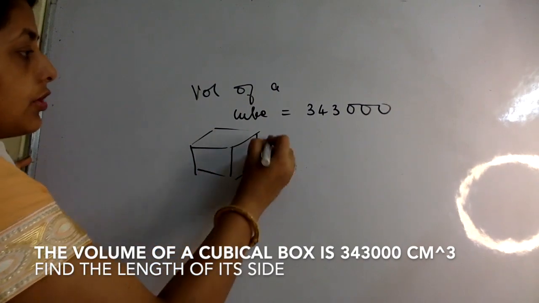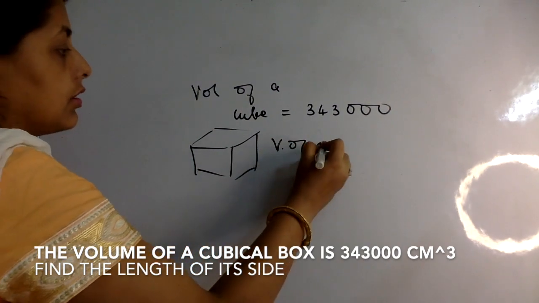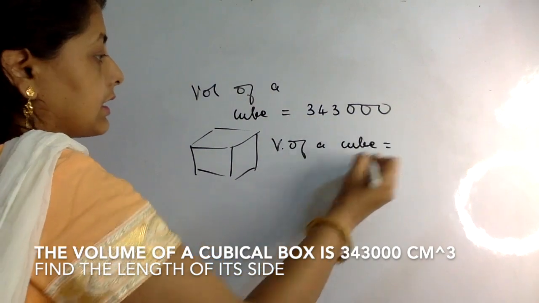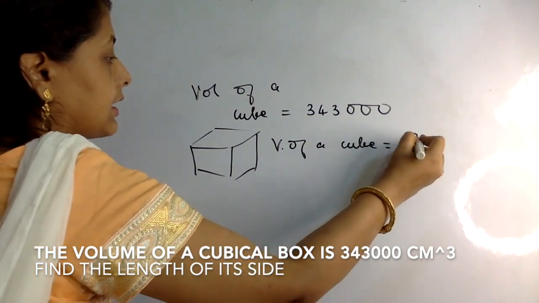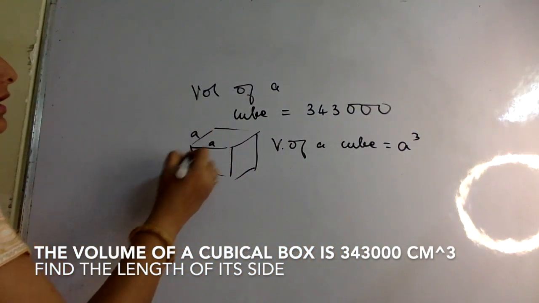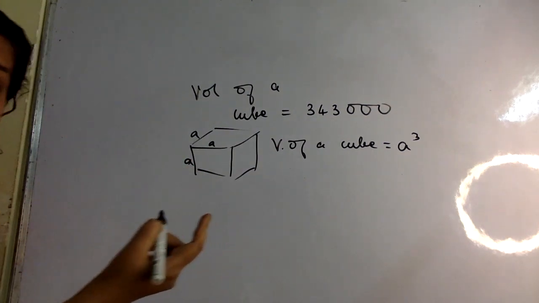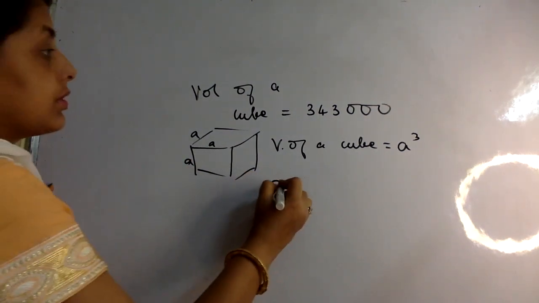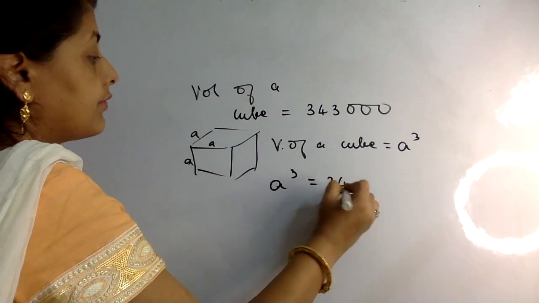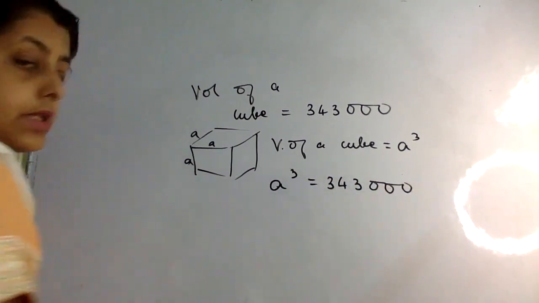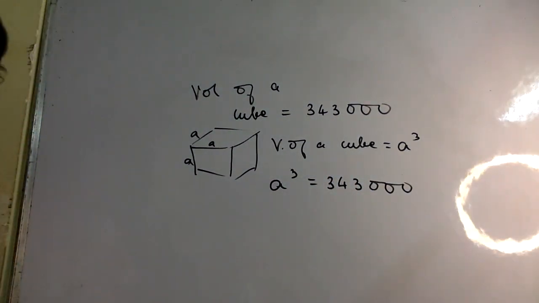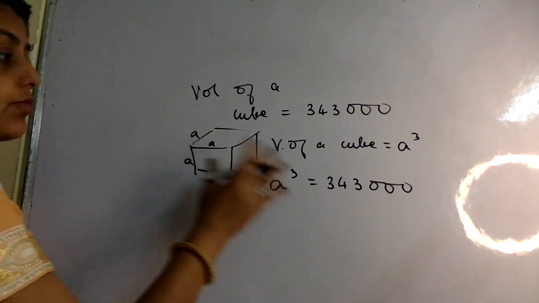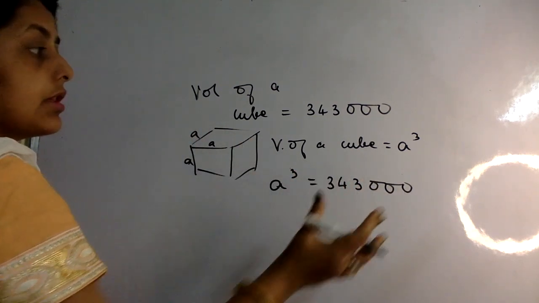Then volume of a cube is equal to a cube, meaning all the sides are a: length, breadth and height. So a cube is equal to 343,000. That means the volume of this box, I have equated it with the formula.